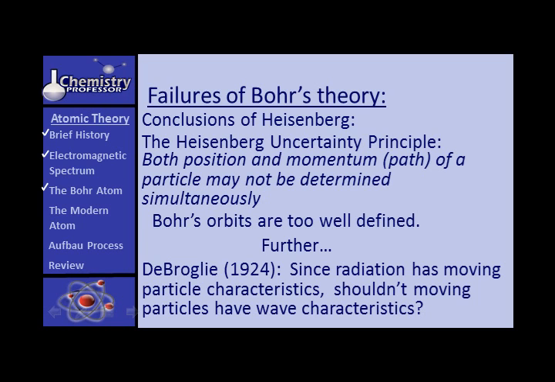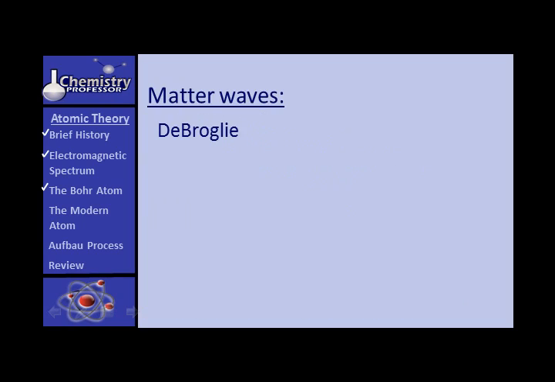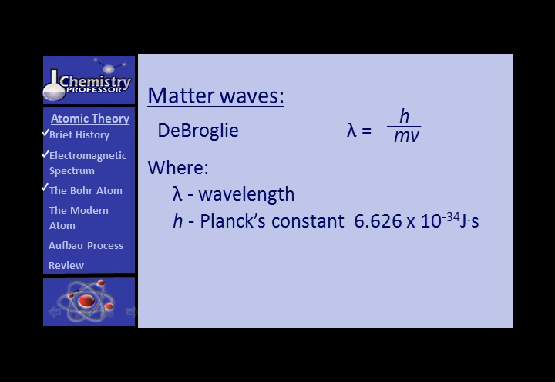Further, de Broglie, who was also doing research, asked: if radiation has moving particle characteristics, shouldn't moving particles also have wave characteristics? Further, de Broglie explained, lambda, wavelength, is equal to Planck's constant over the mass times the velocity, where lambda is the wavelength associated in this case with a moving particle.